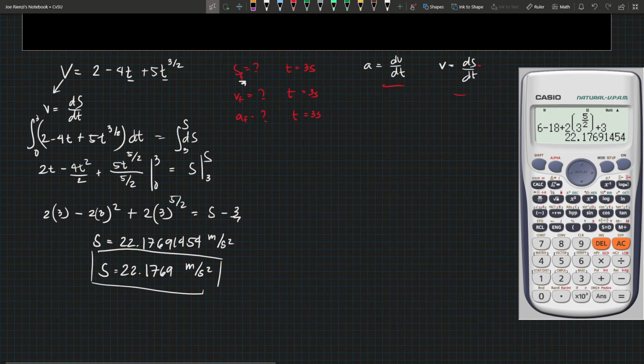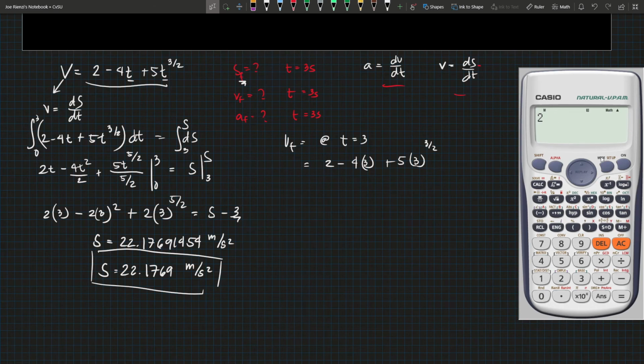Okay. As for the second question naman, what is the final velocity or specific velocity niya at time is 3. So, ito na, given na tayo ng formula dito. I-apply lang natin ng 3 seconds. So, makuha niyan is 2 minus 4 multiplied by 3 plus 5, 3 raised to 3 halves. So, solving with our calcu, we have 2 minus 12 plus 15.